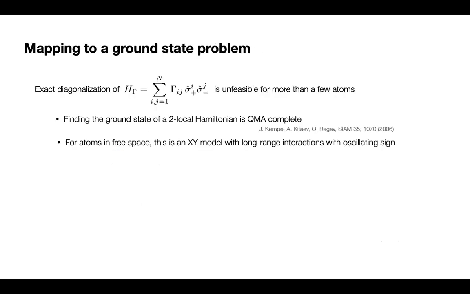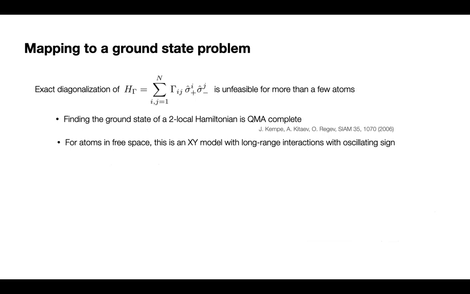Okay, so I told you that this is in principle easy because you just map the problem to finding the ground state of the Hamiltonian. But it turns out that after you do that, you are confronted by the issue that finding the ground state energy of a two-local Hamiltonian is hard, even for a quantum computer.